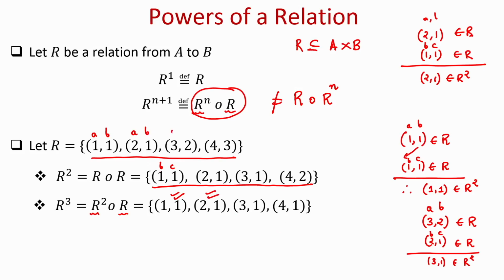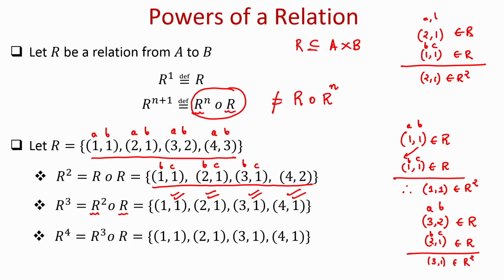You have 3 comma 2 present in R and 2 comma 1 is present in R square. So, that is why you will have A comma C which is 3 comma 1 here present in R cube. You have 4 comma 3 present in R and you have 3 comma 1 present in R square. So, that is why 4 comma 1 is present in R cube.